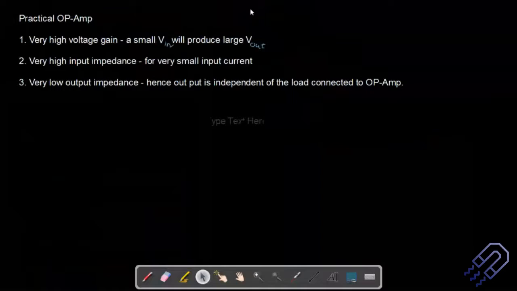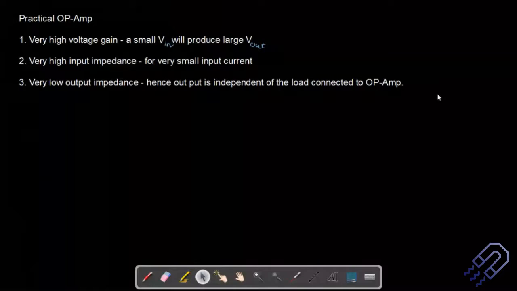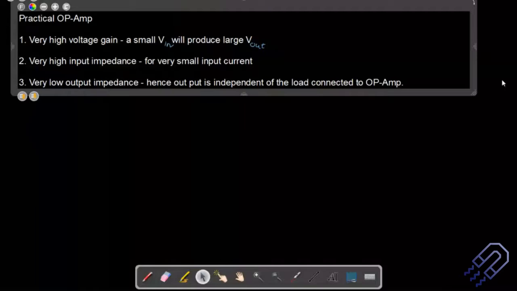Both the resistances which we connected, the input and the output, have a very important part to play. So that is a practical op-amp. What about an ideal op-amp? For an ideal op-amp, obviously everything should be very high or very low.